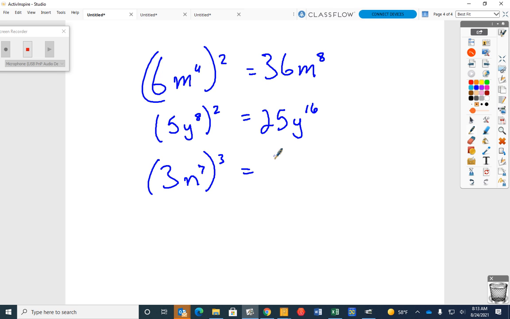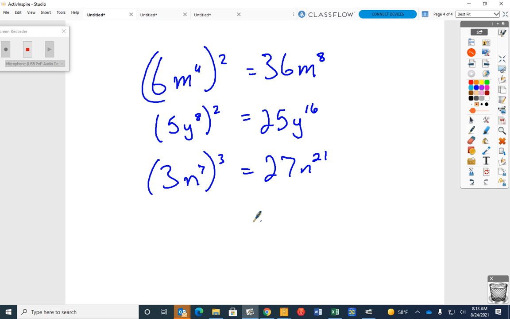Noah, what'd you get? No. Jackson? 27 and then was it 20? Okay, why is it 27? Because 3 to the third power is what? 3 times 3, 9 times 3, 27. Now, n to the what, Jackson? n to the 21st. Good. Do you see why that's 27n to the 21st?